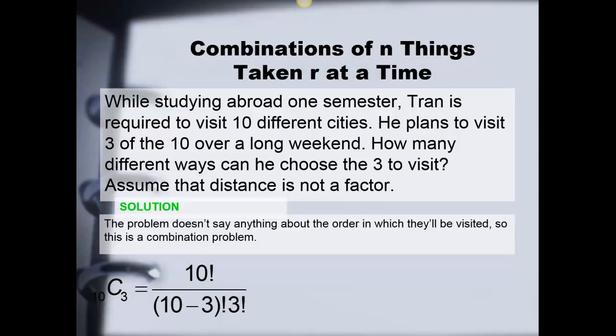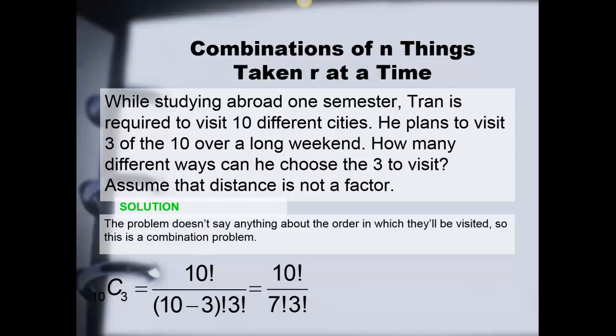So we have 10 things taken 3 at a time. Let me say this again. We have 10 things taken 3 at a time, so 10 different cities, 3 at a time. So here's our combination: 10 factorial all over the quantity 10 minus 3 factorial times 3 factorial.